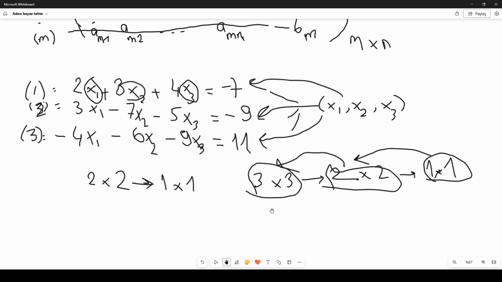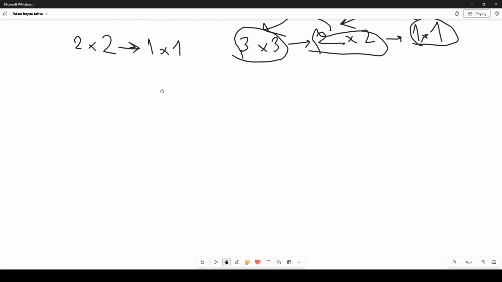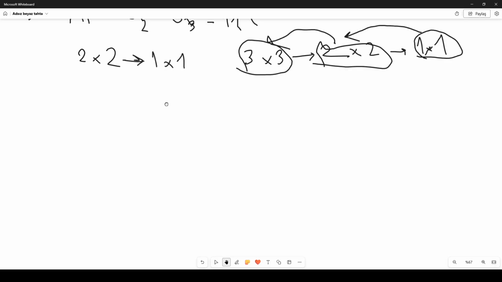Okay, but before I show you how it is solved by using Gaussian elimination, I would like to give you the result of one simple observation. Let's look at this equation, for instance. Suppose here is the system: 3x1 plus 4x2 plus 7x3 is equal to minus 5.